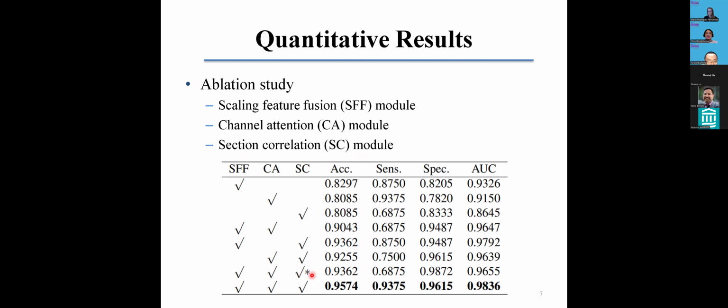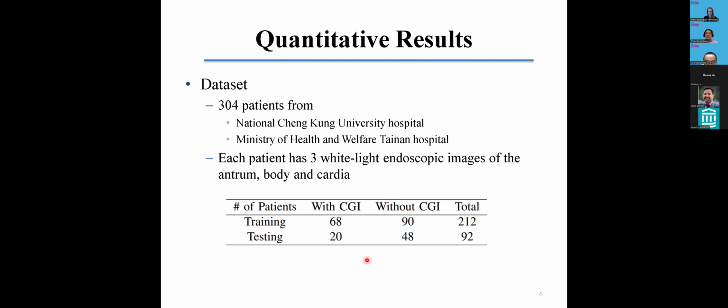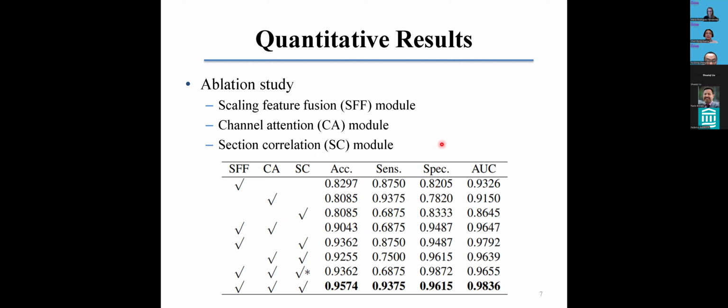You can see that without simultaneously considering this part, the accuracy will drop. However, if you consider the correlations among entrance, body, and cardia simultaneously, then the network can learn better and achieve better accuracy.